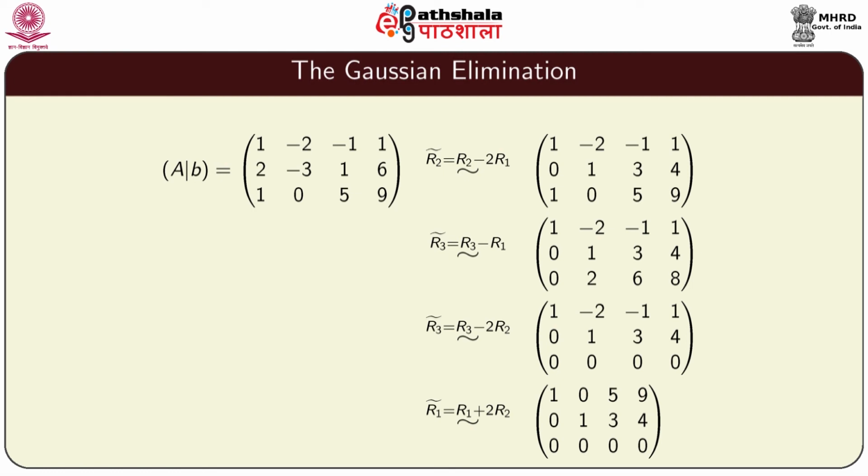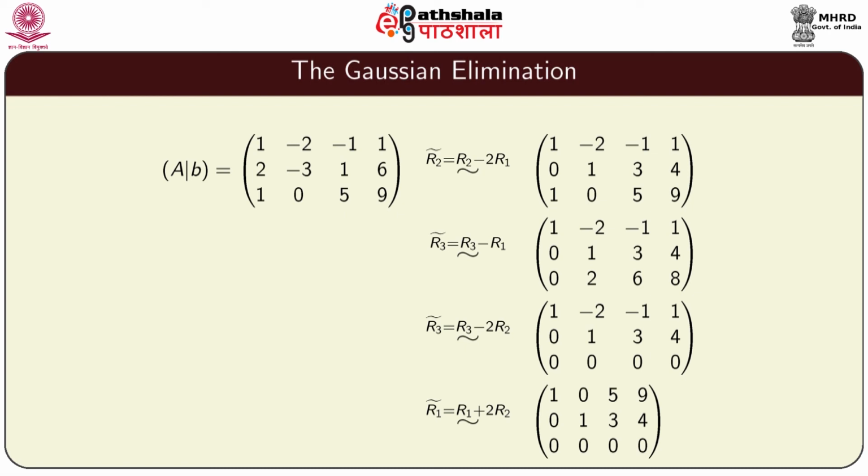So, that means we have to push it to one of the second or third or fourth columns. How we do that is the following: we first make all the entries of the first column other than the first entry 0. That is what we have done after the second step.